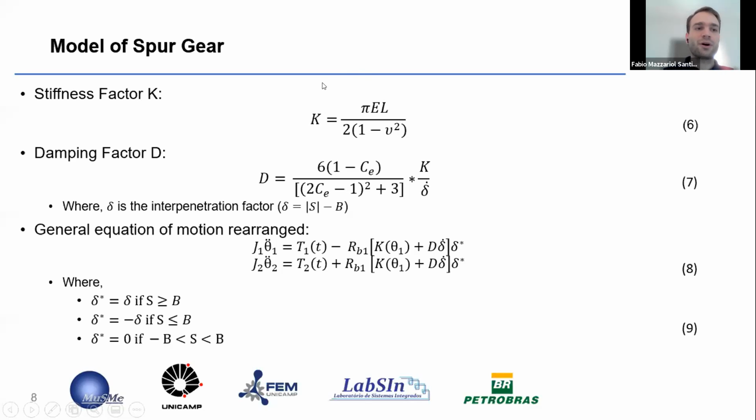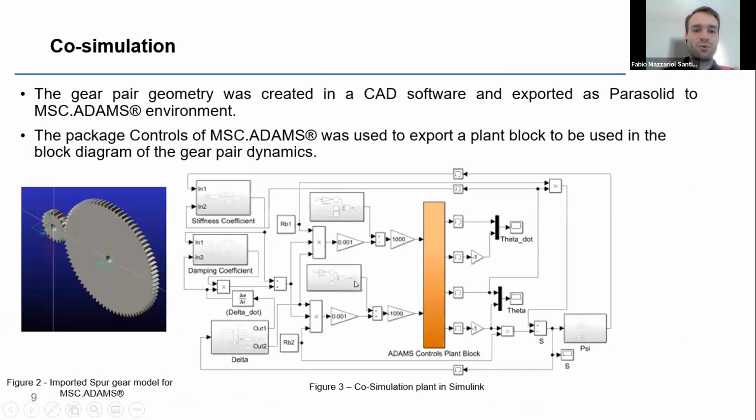From the literature, we got the stiffness factor and the damping factor, and we could model our system. We translated all these equations to block diagrams, and we connected the block diagrams in Simulink to an Adams plant. From this Adams plant, we have the communication between both software. We use a smaller gear as the driver one and a larger gear as the driven one.